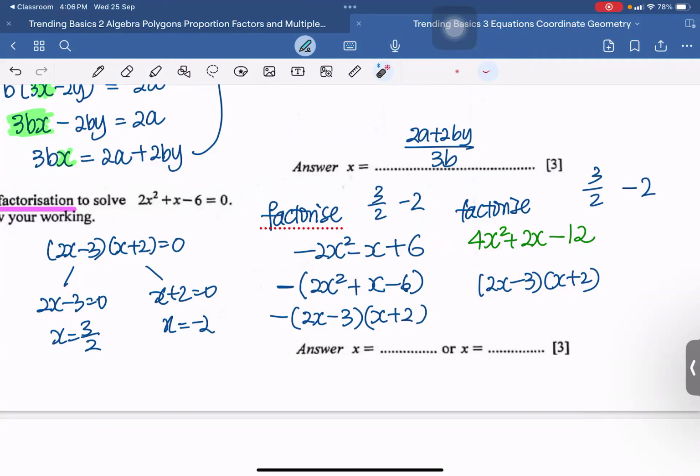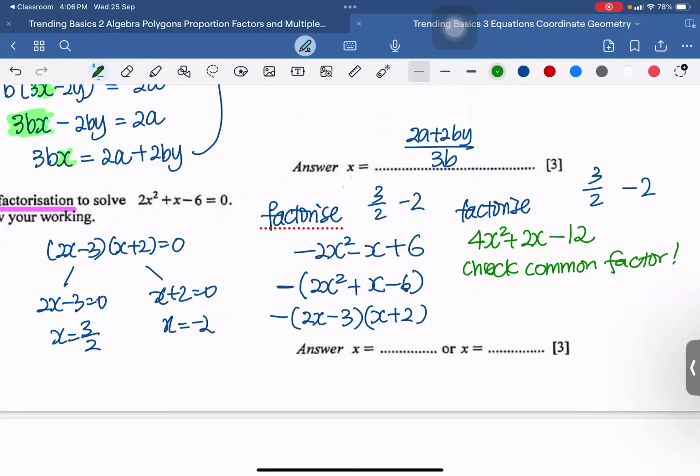The calculator automatically reduces it to the simplest form. So the calculator won't be able to tell you the correct answer for this kind of question. Why is that so? Because there is a common factor. So you yourself need to factorize out the common factor.